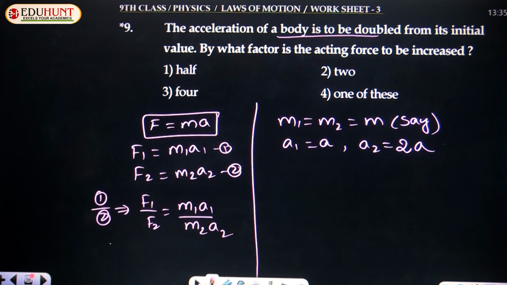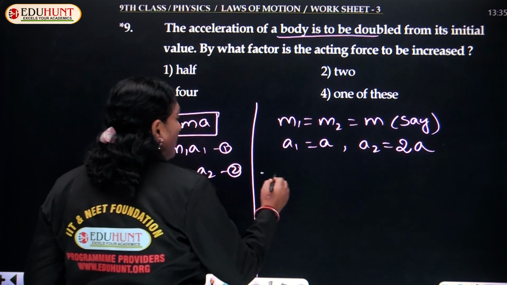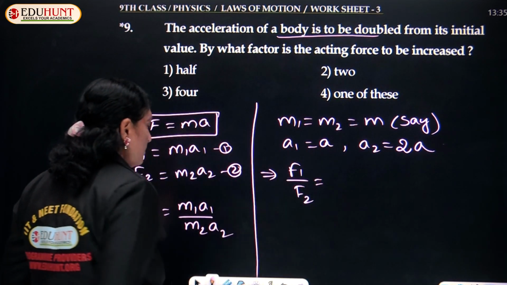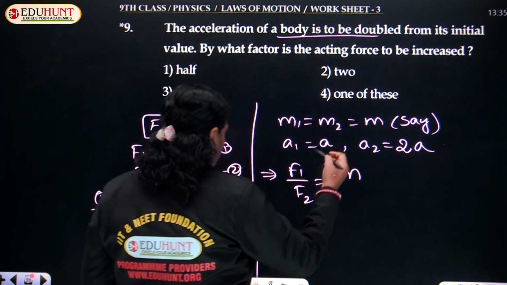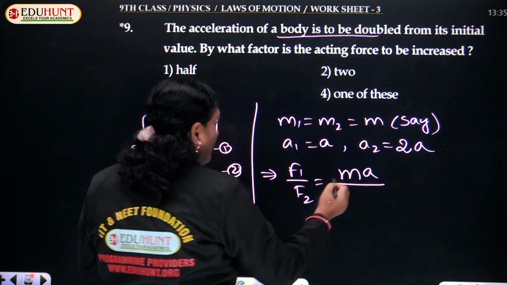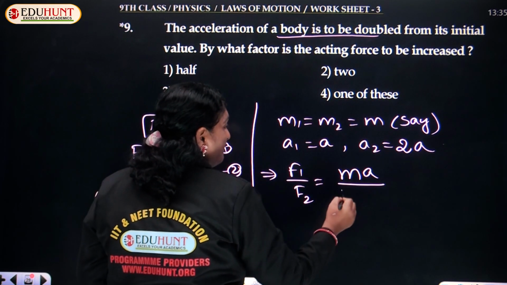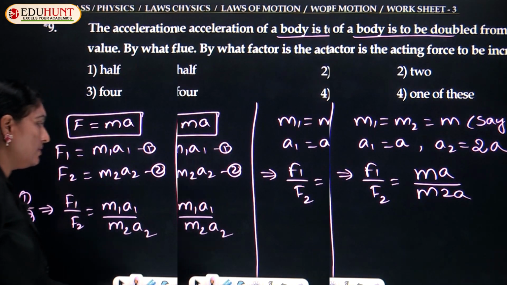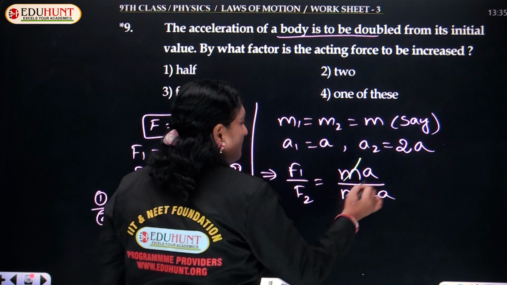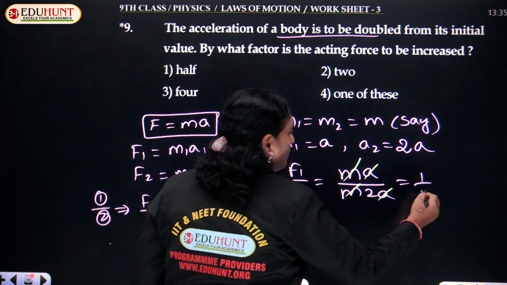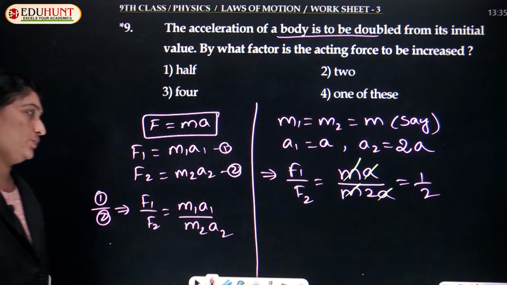a2 will be 2a. Substituting all the values over here, we have the ratio of forces F1 upon F2 equals m1 is taken as m, a1 is taken as a, m2 is taken as m, a2 is taken as 2a. Okay, children. Simplifying this further, a gets cancelled and you are left with 1 upon 2.